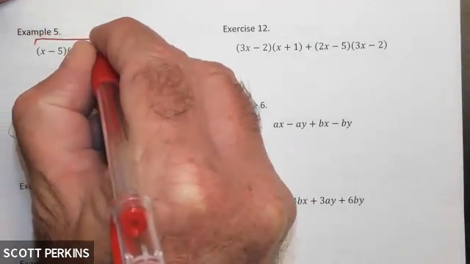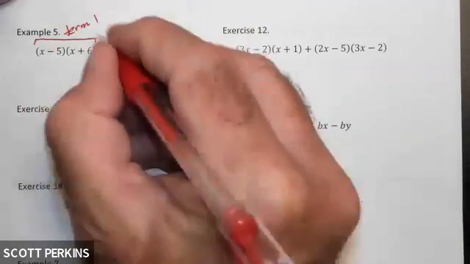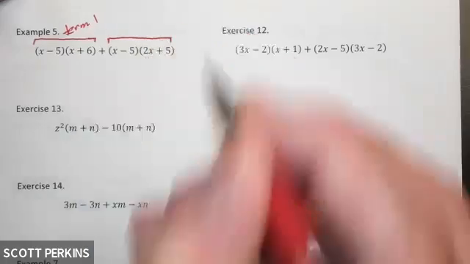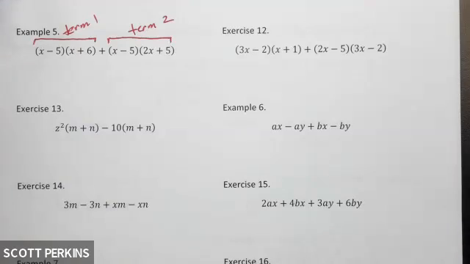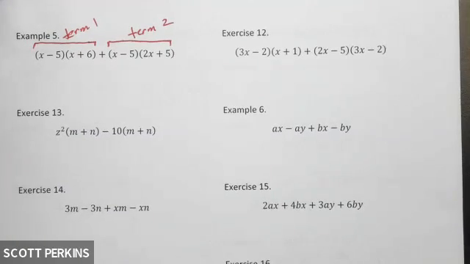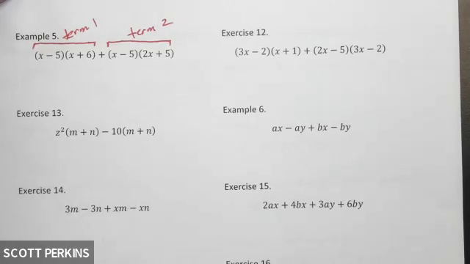So the x minus 5 times x plus 6, that's term 1. And then the x minus 5 times 2x plus 5, that's term 2. I know it looks like there's a lot more going on, but the bottom line is there's just 2 terms, and I've bracketed them for you. So of those 2 terms that I've bracketed, do you notice anything that they have in common?